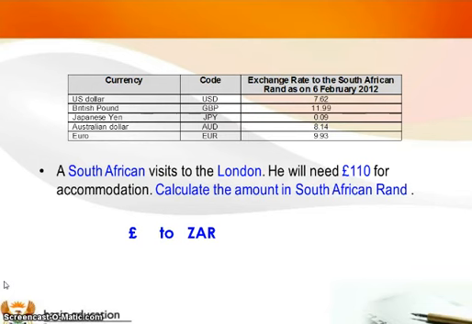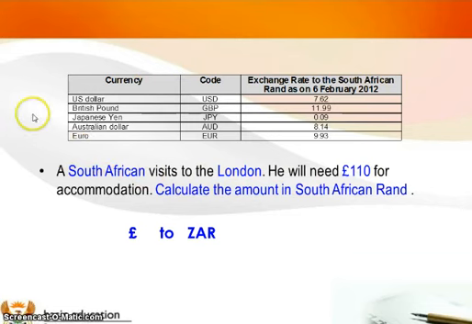First of all, the first thing I want you to notice is that when you are presented with forex calculations in your exam, you will always also be presented with a currency rate sheet like the one you see on top here. Now sometimes the currency rate sheet can be in one of two formats.